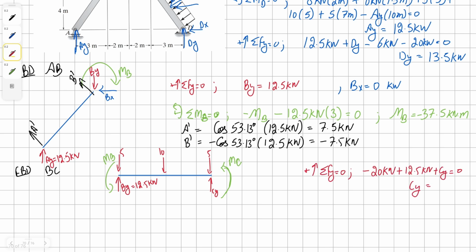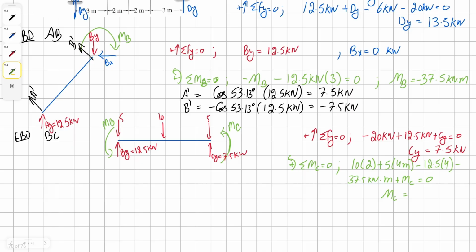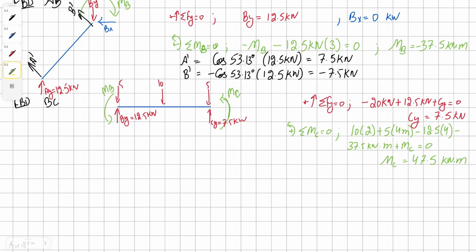Summing the forces in the Y direction, I found the solution for Cy as 7.5 kilonewton. Taking moment about the point C, I found the solution for moment C as 47.5 kilonewton meter. I have all the required forces for member BC.